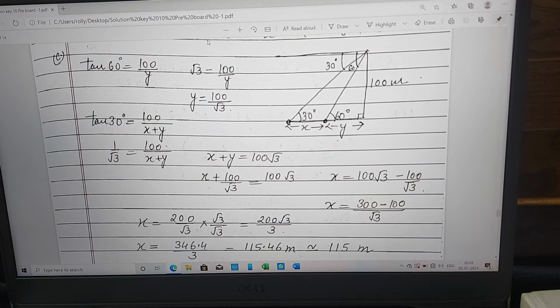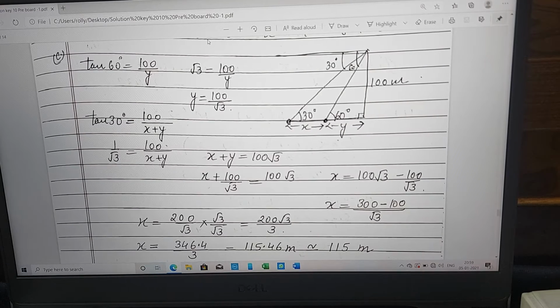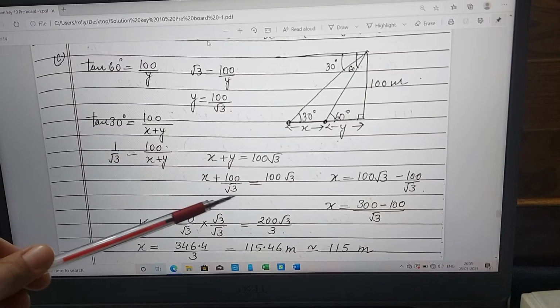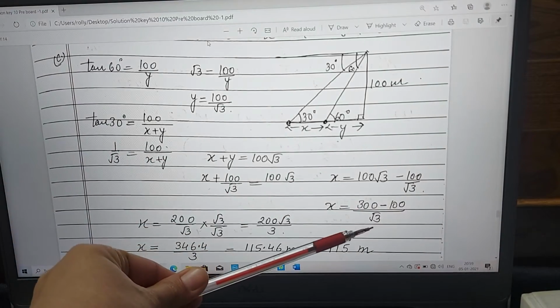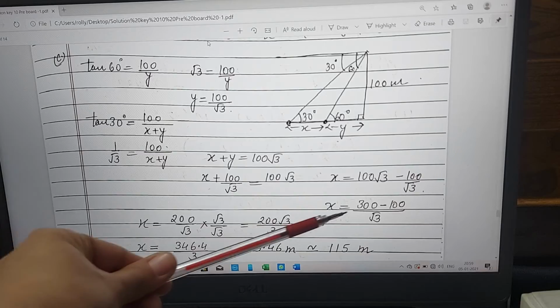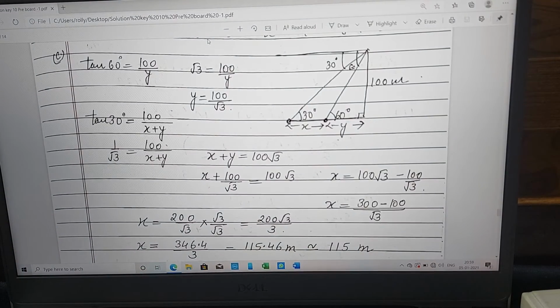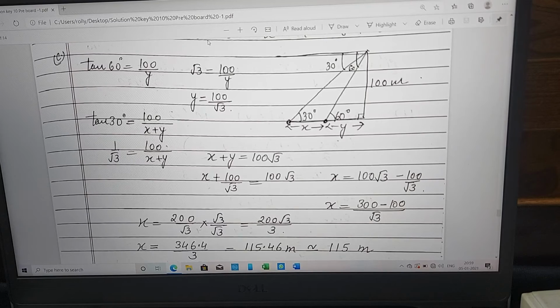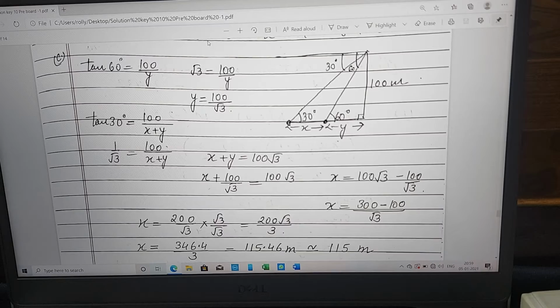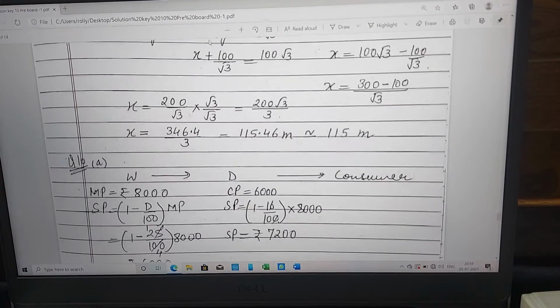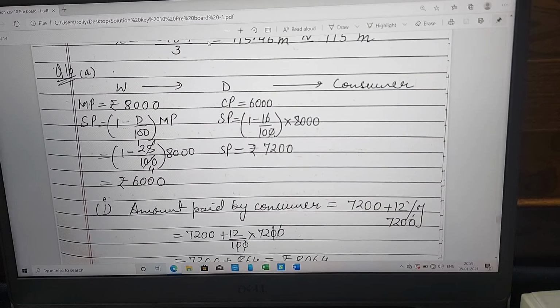Value of x plus y is 100 root 3 because the value of tan 30 is 1 upon root 3. Value of y has been substituted and here you have to rationalize it. So we have got 200 upon root 3. Then if we rationalize the denominator, it becomes 200 root 3 divided by 3. That means 115.46. You have to round it off to complete meters. So 115 meters. Next question.